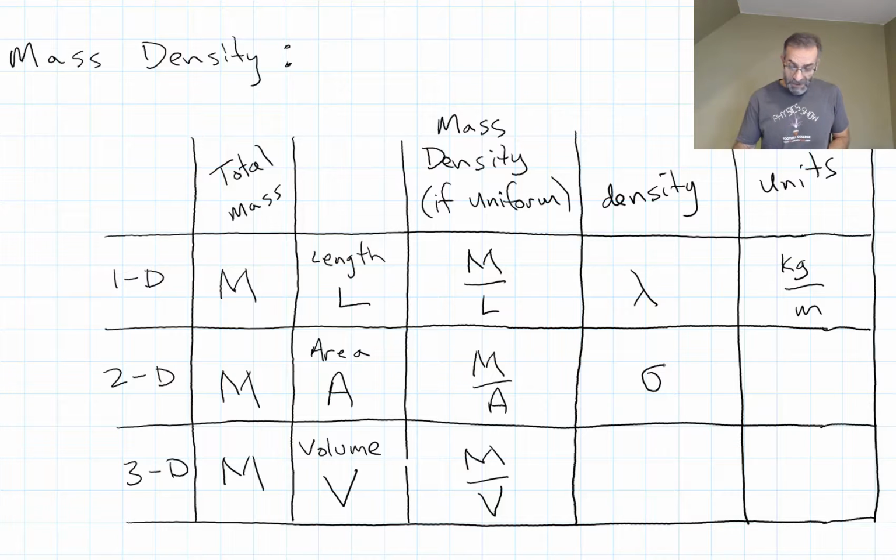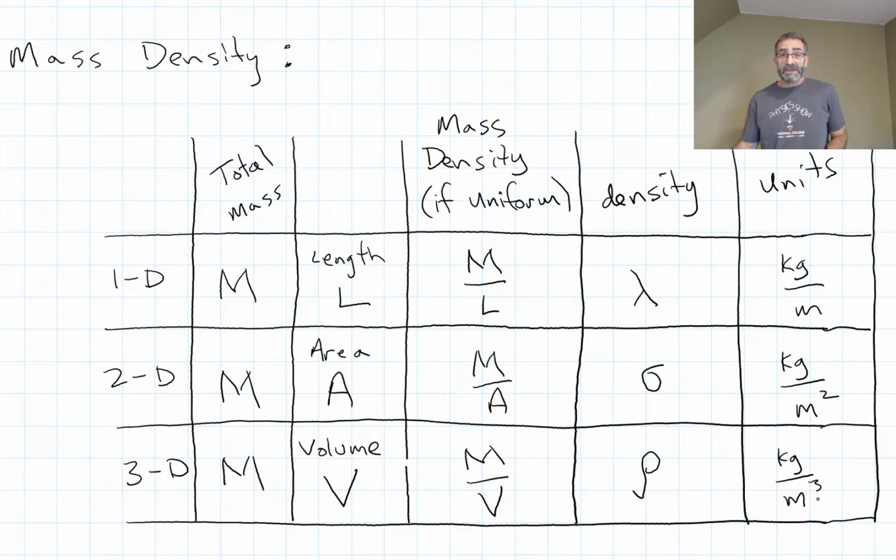And sigma has units of kilograms per square meter. And we use a different symbol for the mass density of a three-dimensional object. We use the Greek letter rho, and that has kilograms per meter cubed for units. I know it's a little confusing that we use different symbols for one-dimensional, two-dimensional, and three-dimensional density, but I think it comes from the fact that each one of these has different units, so that's why we use different symbols.